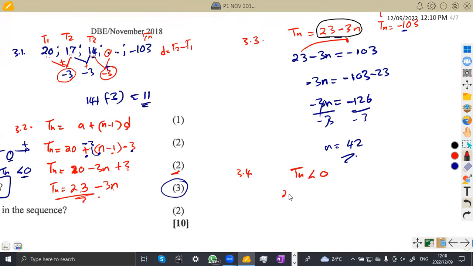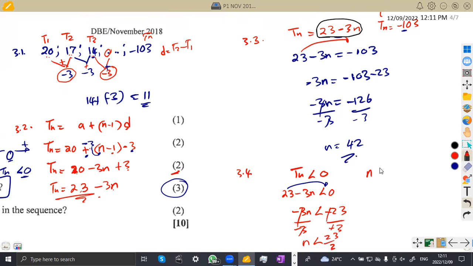So that means 23 minus 3n is less than 0. You can solve from this expression. Negative 3n is less than, we can transpose the 23 to the other side, which will be negative 23. Divide by negative 3 on both sides. So n is less than, this cancels, 23 over 3.